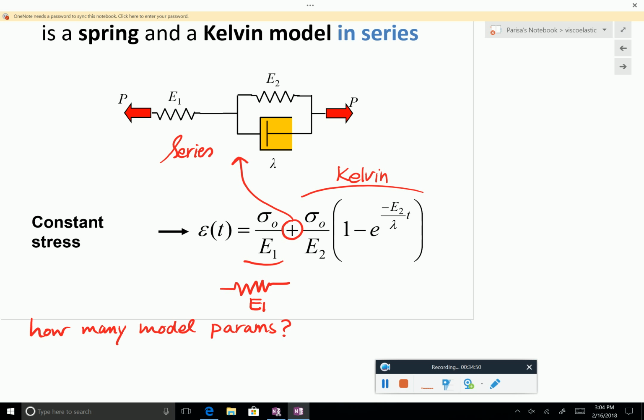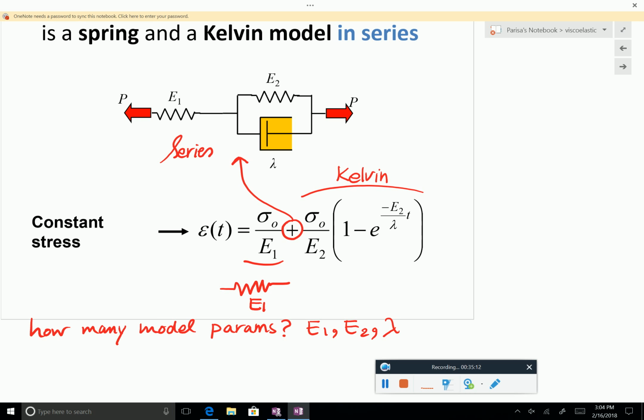How many model parameters do we have here? 3. What are those? Exactly. Terminology is important. Make sure when I ask for model parameters, you know what I'm talking about.